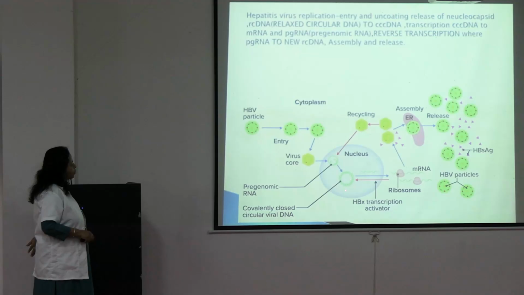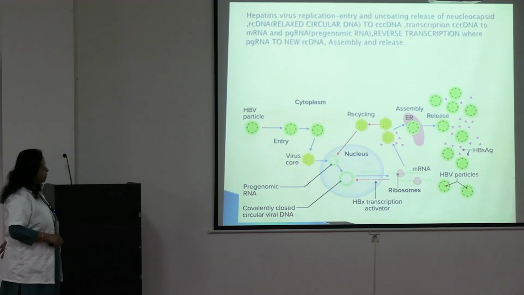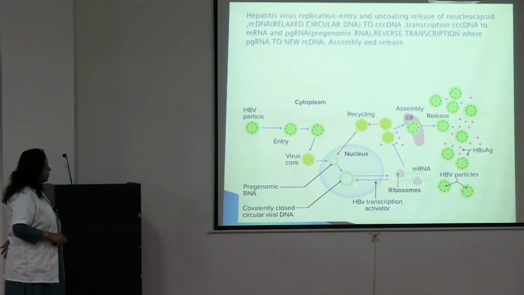After the covalently closed circular DNA is formed, we have transcription to mRNAs, and also pgRNAs are formed. Then there will be assembly again and formation of the complete virus. All the particles which have been synthesized separately come and assemble to form the complete virus, and then they are released from the hepatocyte.